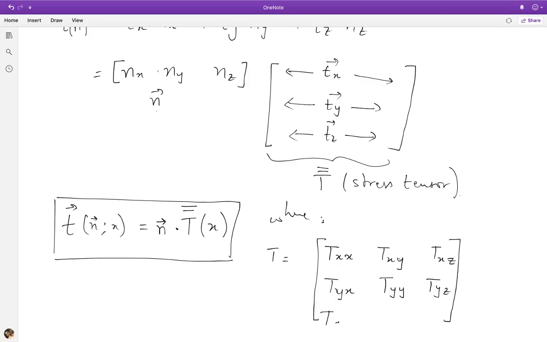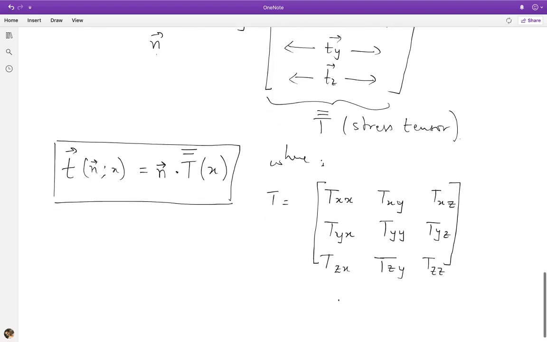Similarly, I have now tzx, tzy and tzz. So this is the stress tensor which we would have encountered earlier, but now you see how it arises completely naturally from our derivation of the linear momentum equation. Moreover, you can understand now clearly the interpretation of these 9 components.